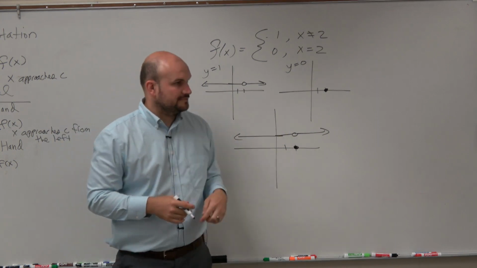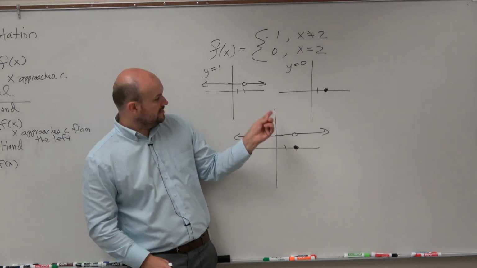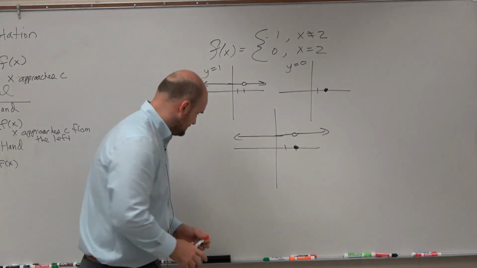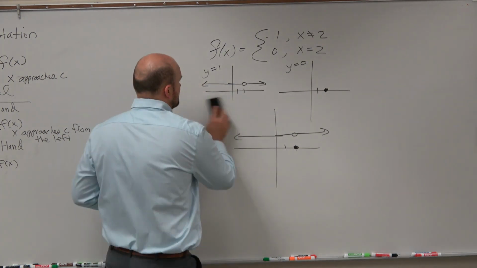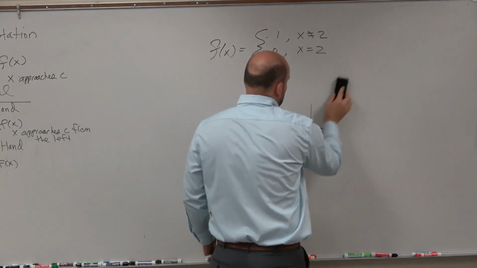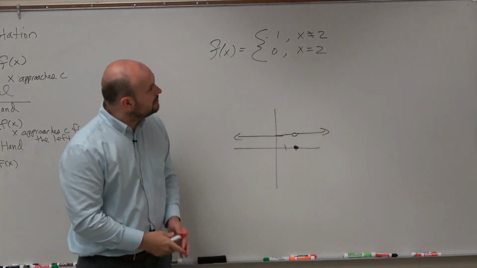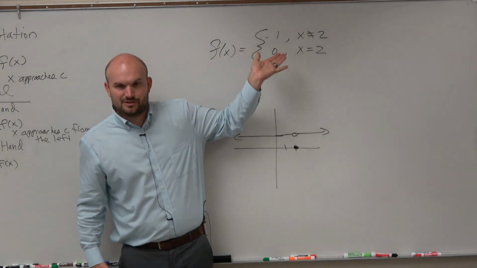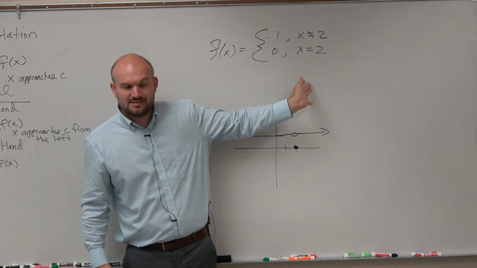That's what the graph looks like. So the piecewise graph looks just like that. OK? Now, hopefully, soon enough, you guys will be able to visualize this graph. All right? That's our goal, is to get you guys so good you can visualize this.